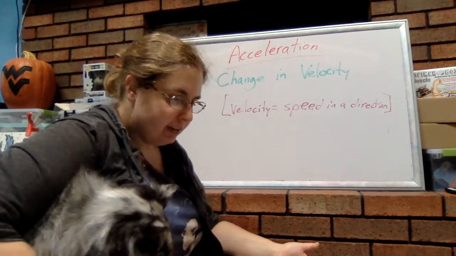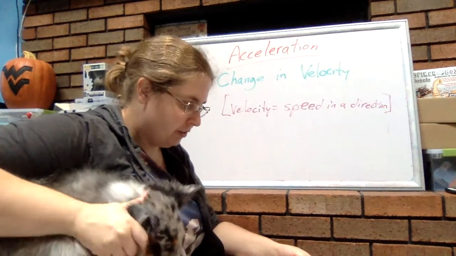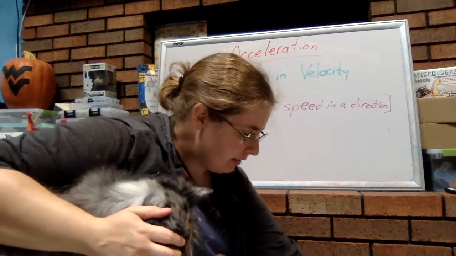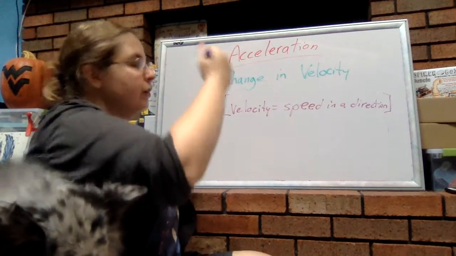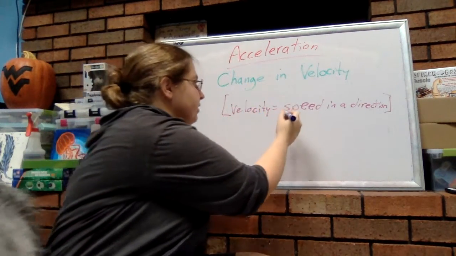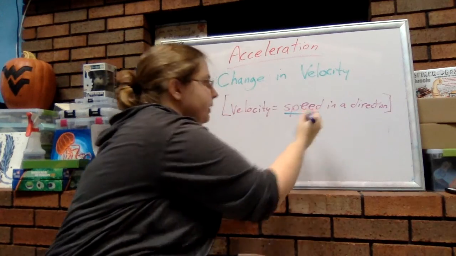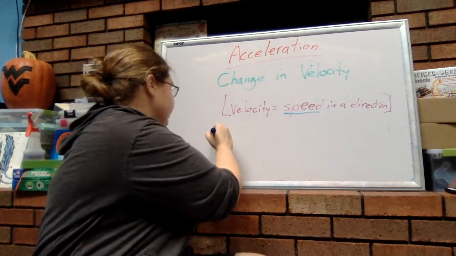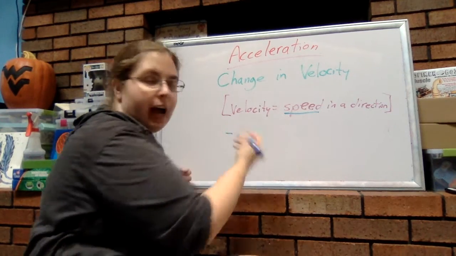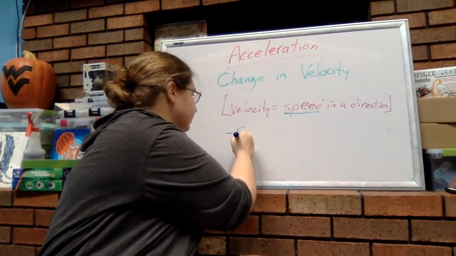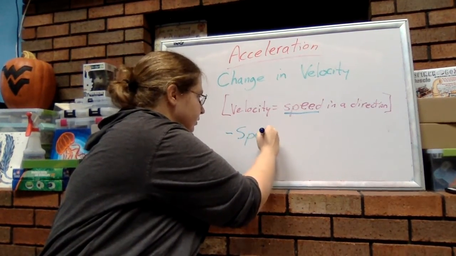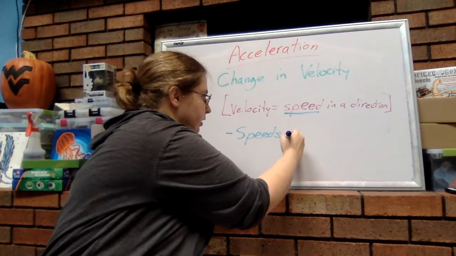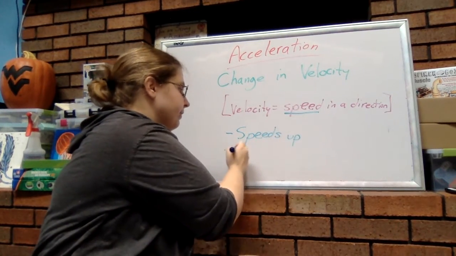So what constitutes an acceleration? An acceleration, based on what we know about its definition and the definition of velocity, would therefore be a change in speed. So that means an acceleration would be if an object speeds up or if it slows down.